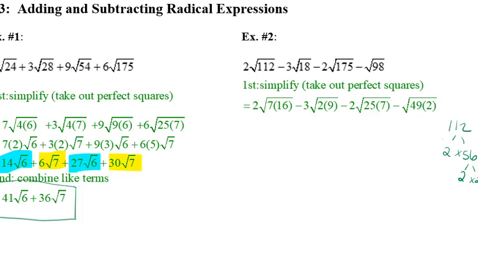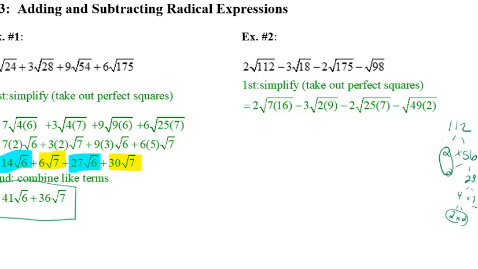Let me just rewrite that where we can see it. 2 and 28. And then 28, we can go 4 and 7, and the 4 we can go 2 and 2. So where our 16 is coming from is 2 times 2 times 2 times 2, and then the 7 left over.